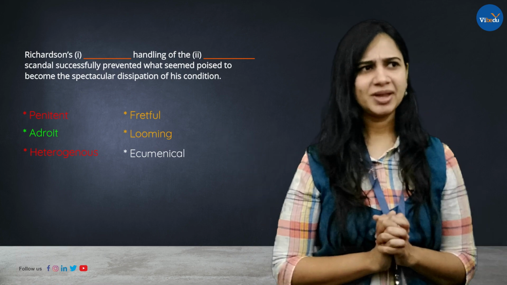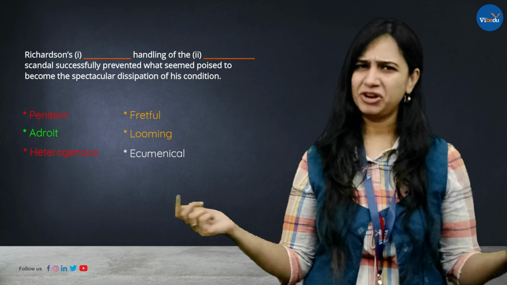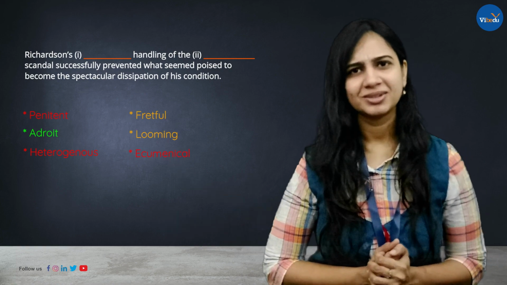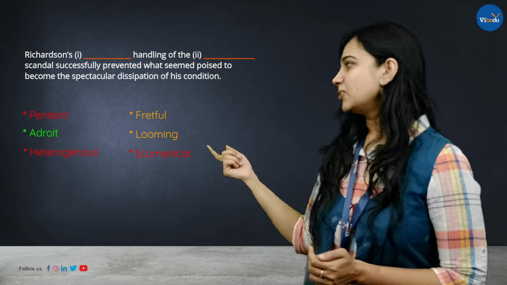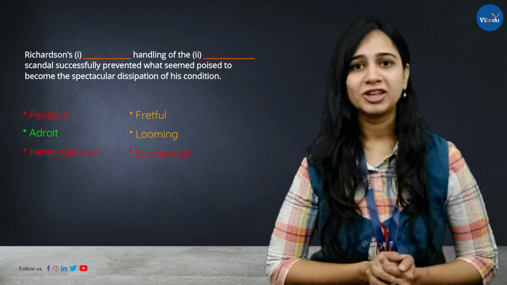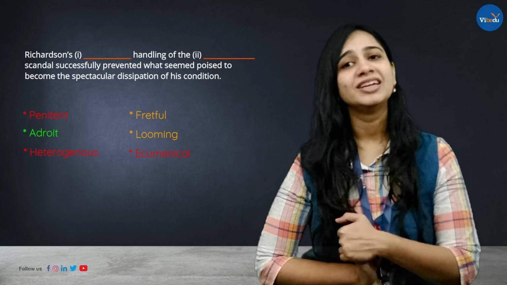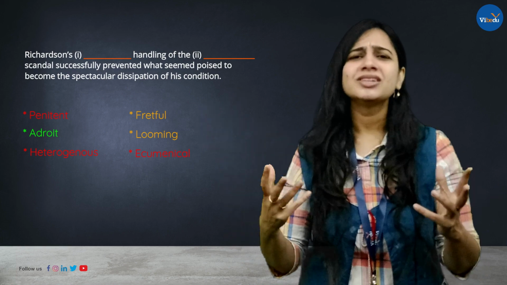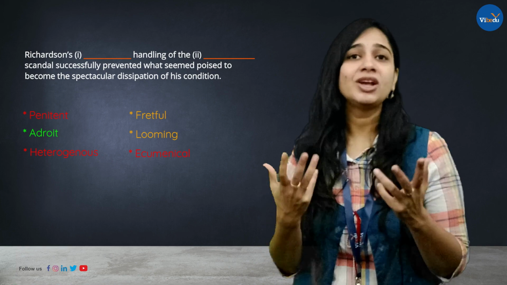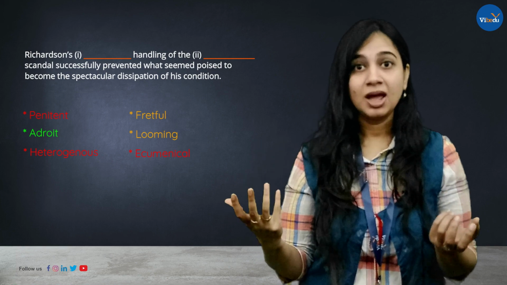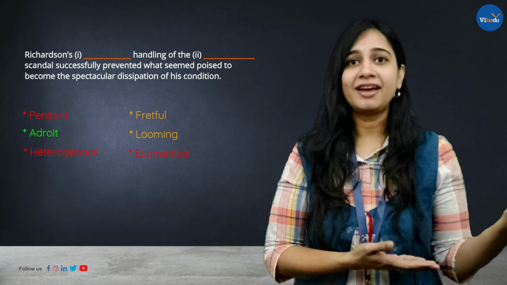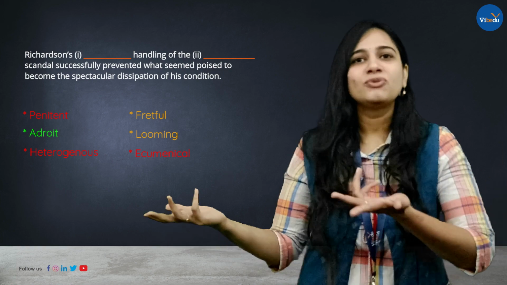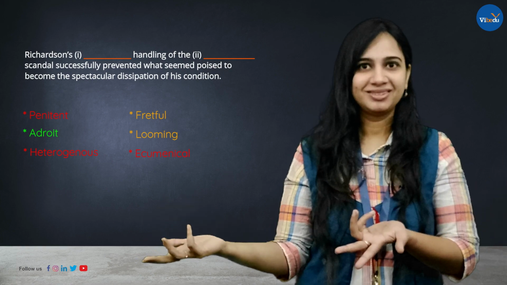Ecumenical. Ecumenical is which is affecting everyone, or maybe no, ecumenical is not the answer. Why did I tell you to keep looming as an option? Because our keyword is "seemed poised", like it was looking like something wrong, something bad will happen. But maybe if he wouldn't have handled it adroitly, skillfully, then also that wouldn't have happened.